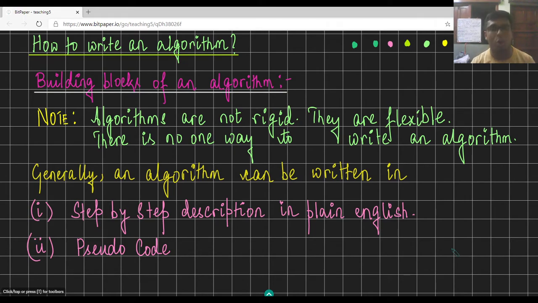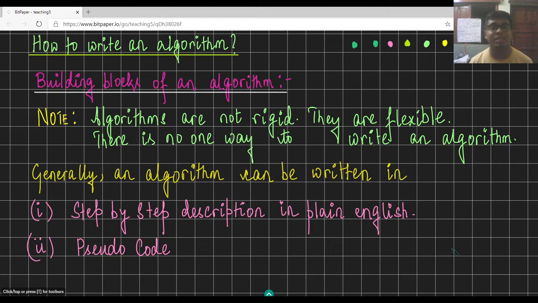So algorithms are not rigid, they are flexible, and there is no hard and fast rule to write an algorithm. Though there are some conventions that we follow, an algorithm does not need to be the same as someone else's. You may have a different choice of words, that's completely fine. Right? So generally, the algorithm can be written in one of two ways. The first being step by step in plain English language, and second being in pseudocode.